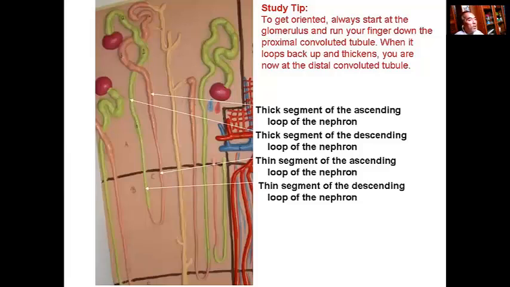Okay, so your loop of Henle is made up of a thick segment ascending, thick segment descending, thin segment ascending, and thin segment descending. Because remember, there's a lot of physiology you're going to be talking about when you talk about the urinary system.